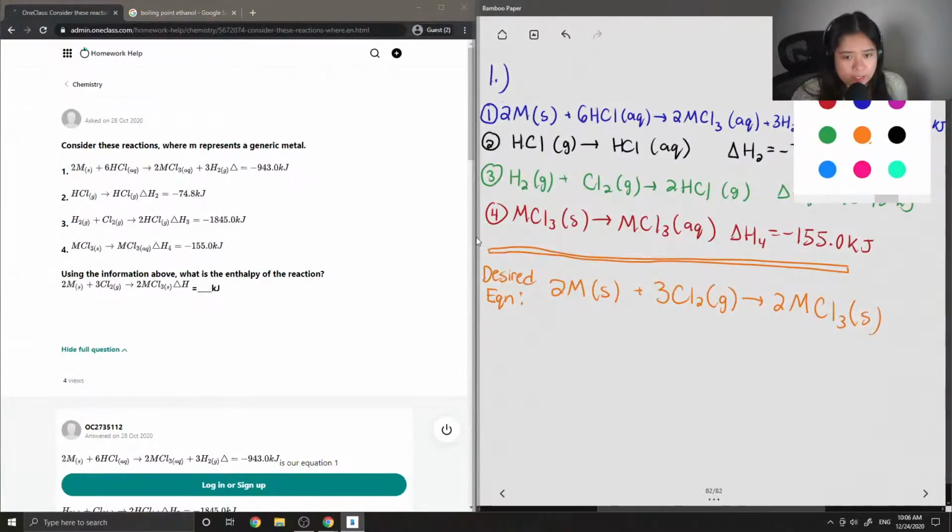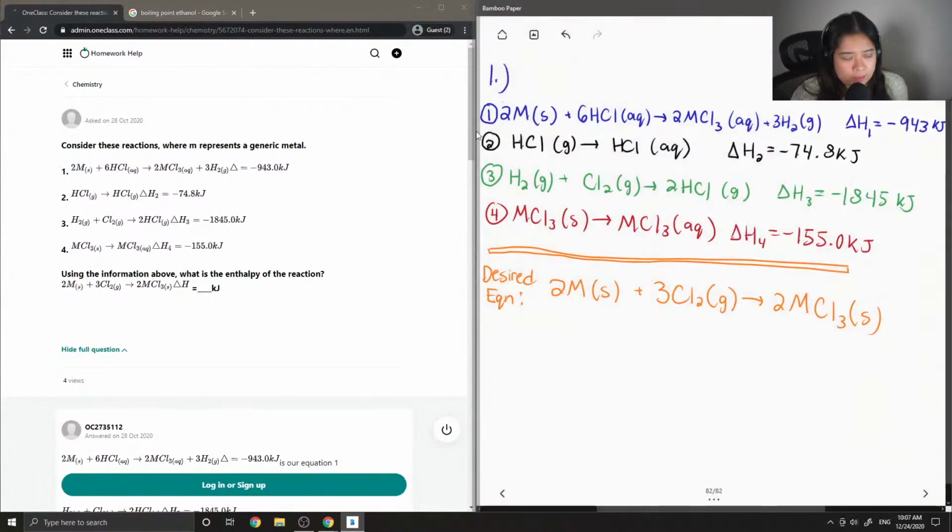So if we look at all of our options, we'll see that equation 2 has HCl aqueous on its product side. So all I need to do is multiply equation 2 by 6, just so that the 6 HCl's will cancel out. And I also know to multiply my delta H2 value by 6 as well.